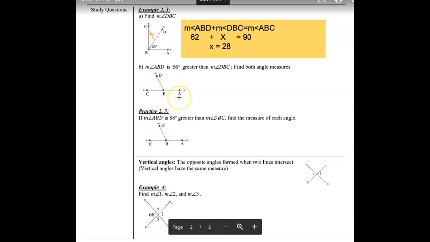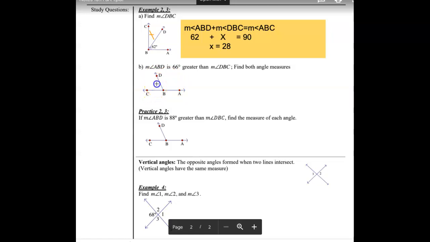So the straight line's 180 degrees, and now that I have that, I can move forward.